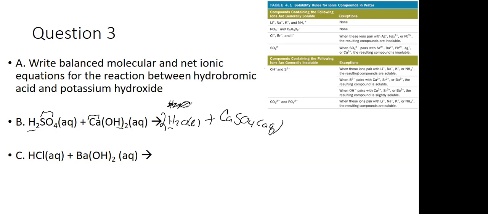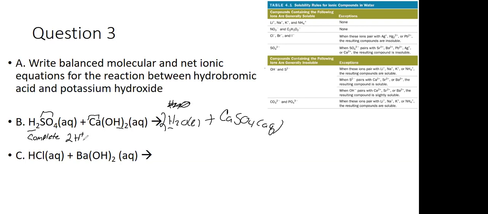We cannot have H4O. So our complete ionic equation is we have 2 hydrogens. Hydrogen will never be H2 in solution. It's always just H by itself. So don't make the mistake of doing H2, H3.